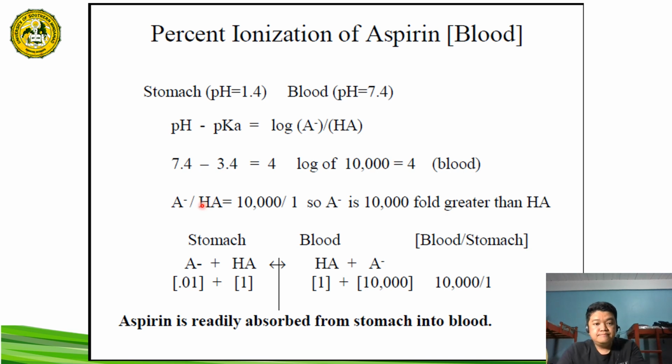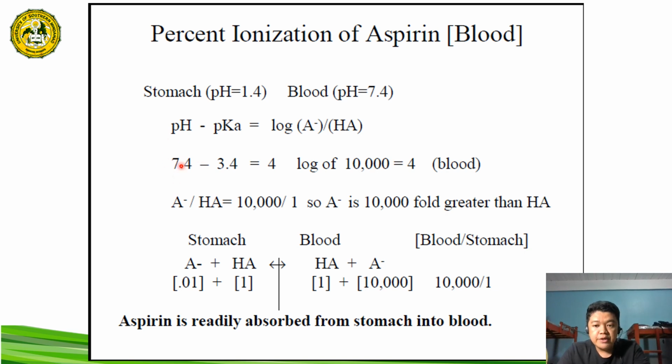From our equation, pH minus the pKa will be equal to the logarithm of the ionized form of our weak acid over the unionized form of our weak acid. When we replace the values in our equation based on the given numbers, we have the pH of the environment.